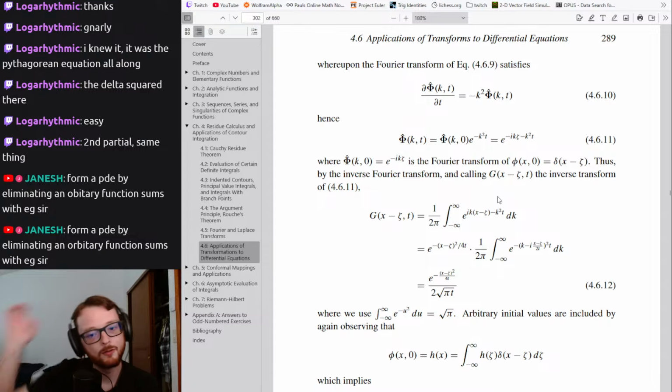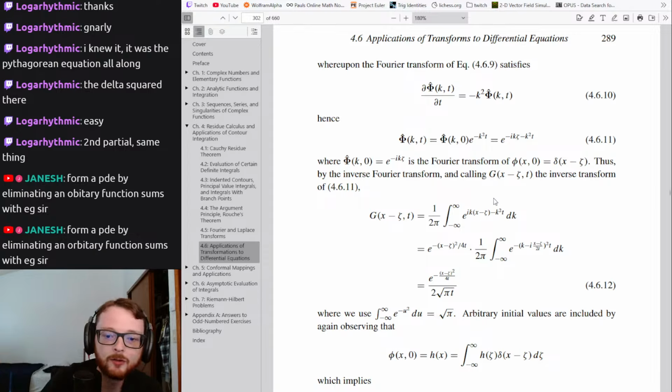Calling it G. Oh God, what's happening? Okay, so yeah, we're just doing the inverse transform of this. We're going to name it equal to G. So then G is the inverse transform of that. And that looks like a contour integral.